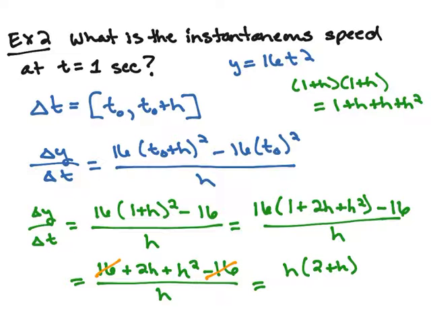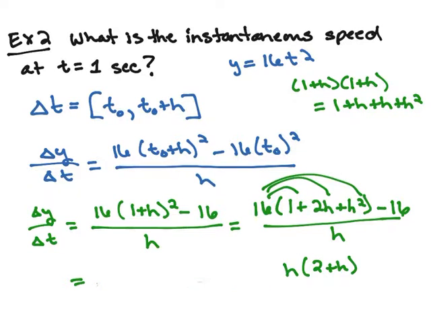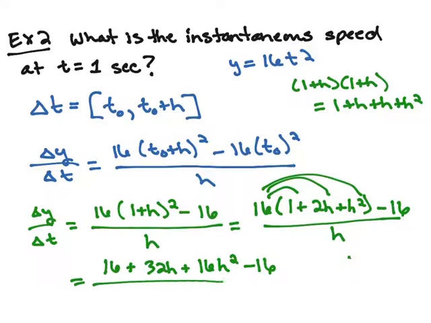Oh, I made a mistake. Hold on. I didn't distribute my 16 completely. Look at that, y'all. So this changes. I have 16 plus 32h plus 16h squared minus 16 over h.